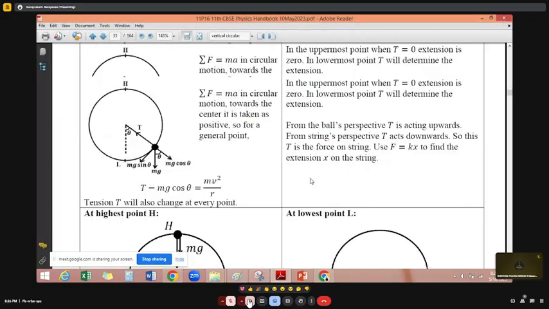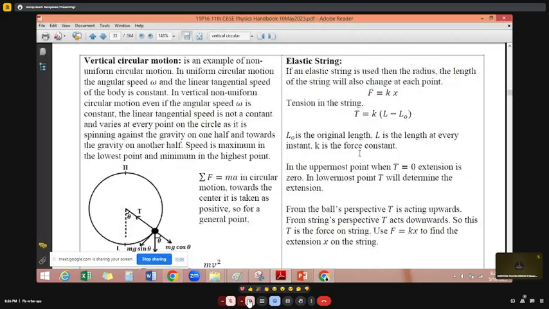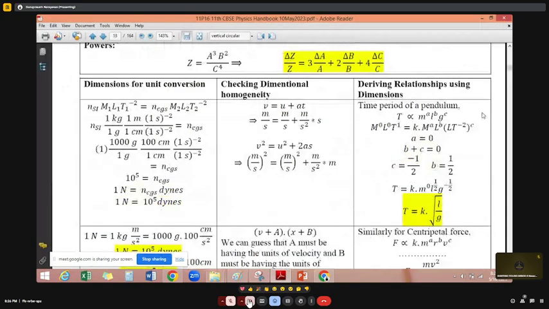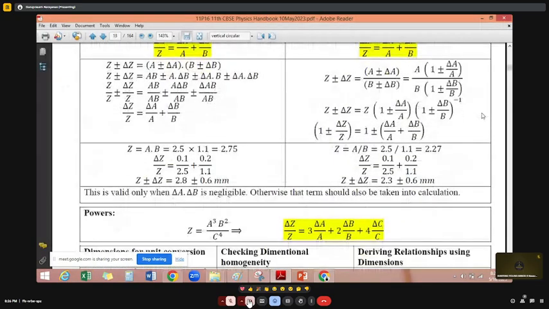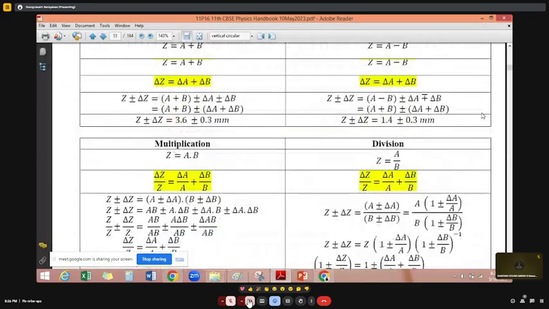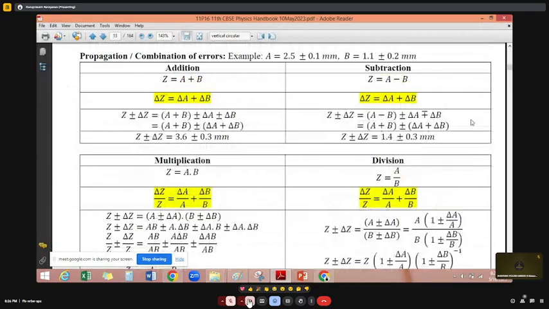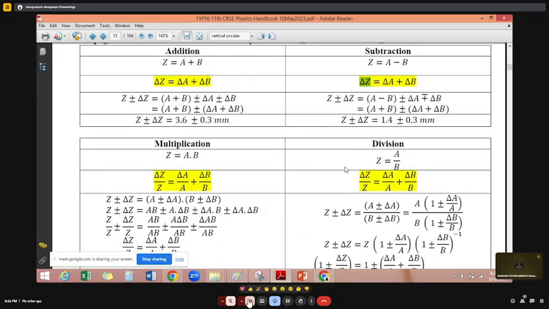Okay, where should I go? The very first chapter, units and dimensions, right? So go back and study this: units and dimensions, addition, subtraction. Addition, subtraction means you will be adding the absolute values, delta A plus delta B to get delta Z. But multiplication, division means you will not be adding the absolute values, you will be adding the relative errors.